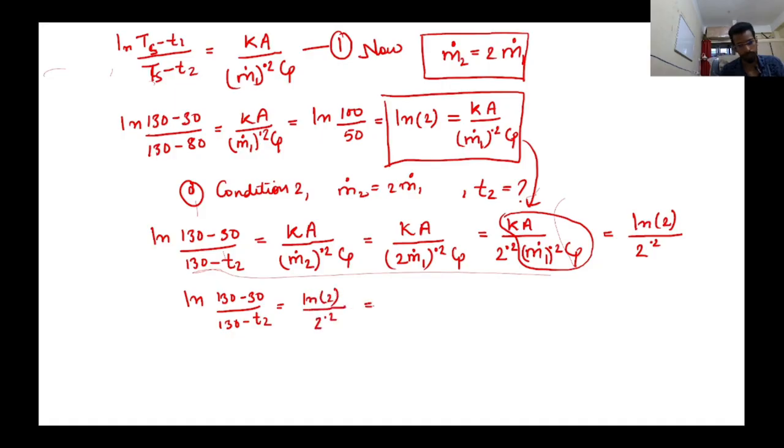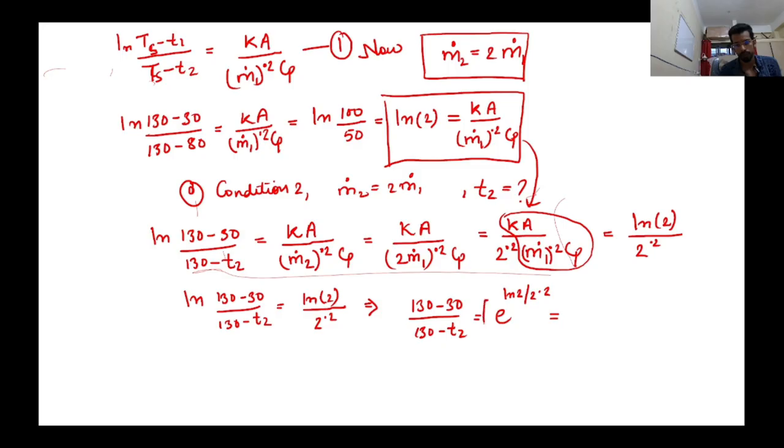Now calculate it. I can write it like this: (130 minus 30) upon (130 minus T2) is equal to e to the power of ln 2 divided by 2 to the power 0.2.